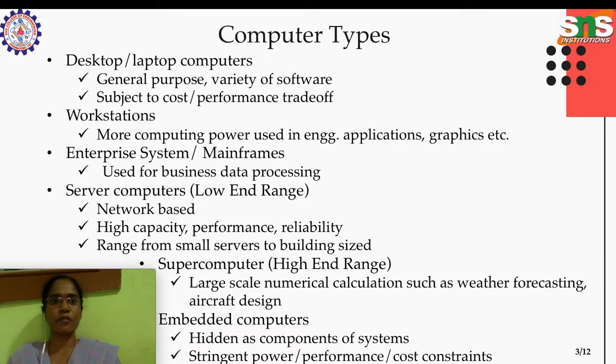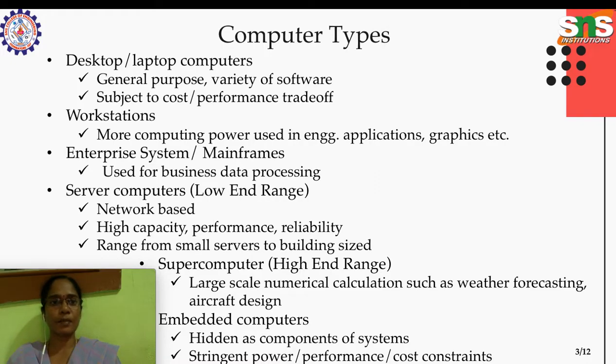And of course the cost and performance are always a trade-off. When the cost is high for a desktop or a laptop computer system, the performance is high. When a computer system's performance is very low, of course the cost will also be less. So it is always a trade-off between the cost and the performance.